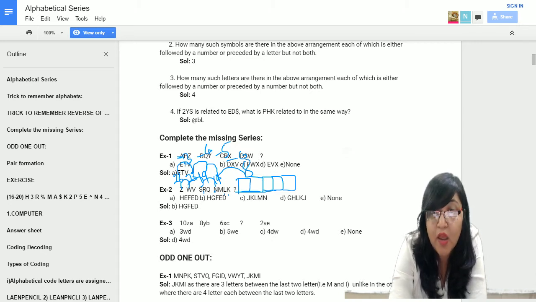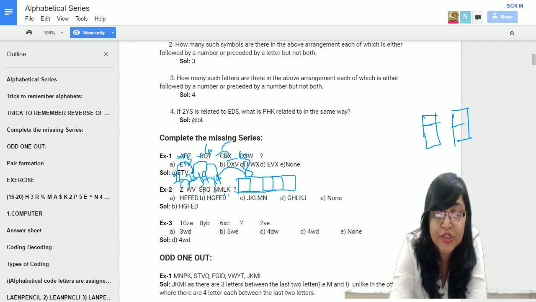So what is 8? I already told you yesterday, H is 8. So here we will have H. After H we will have consecutive alphabets but in reverse, or if you want to go by the place values, it would be 7, 6, 5, 4.